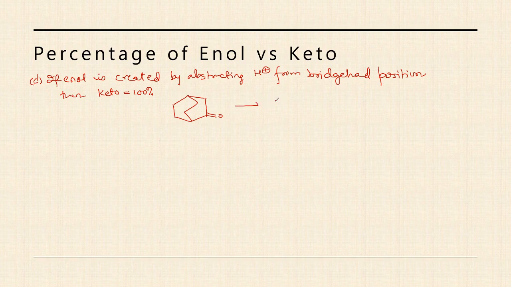The enol form of this would be written so this being the bridgehead position, this will not want to acquire sp2 hybridization, therefore this process does not occur. The amount of this is 100%. इसमें इनॉल बनेगा ही नहीं, ठीक है, इसमें इनॉल बिल्कुल भी नहीं बनेगा.